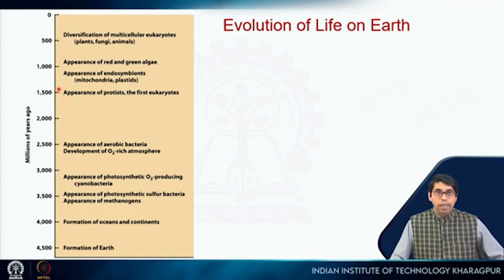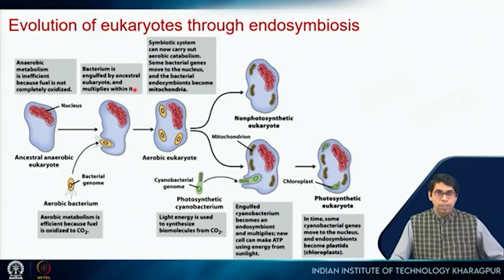Between this time, this aerobic bacteria is taken up by the eukaryote. It can be a case of infection, where this bacteria infects this eukaryote, but then it survives in this energy-rich environment, and then some sort of symbiosis happens in some cells, right. That results in the evolution of the aerobic eukaryote, right.